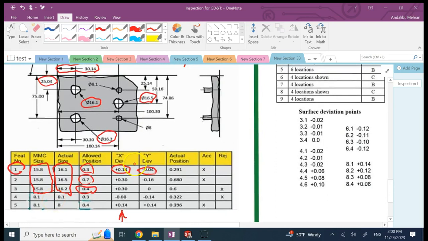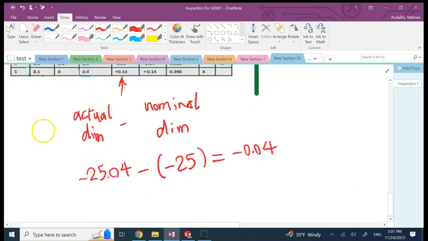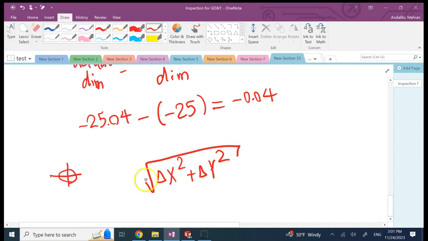Okay, now that I got my x and y deviation, how much is my actual deviation? Well, if you remember from position deviations, the deviation is going to be the square root of delta x squared plus delta y squared, and this is going to be the radial offset. So in order to get a diameter offset, we have to multiply by what? By 2.